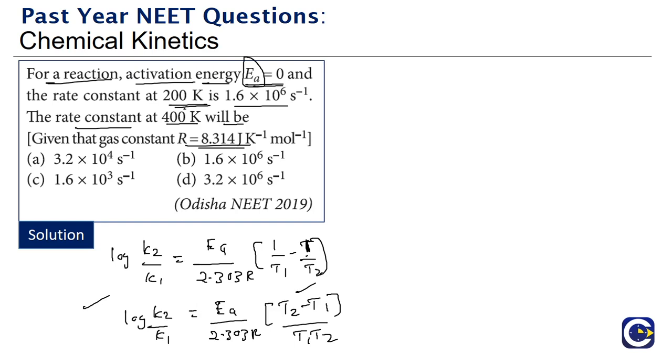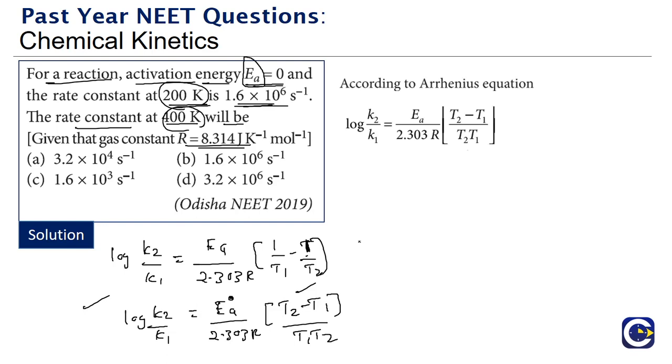Here the temperature 200 Kelvin, the rate constant is given. We need to find the rate constant at 400 Kelvin, and the EA value is given. So in this Arrhenius expression, log of K2 by K1 is equal to EA by 2.303 R into T2 minus T1 by T2 T1.